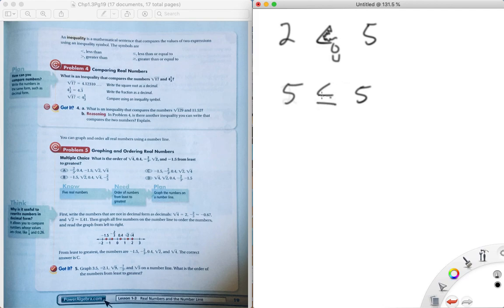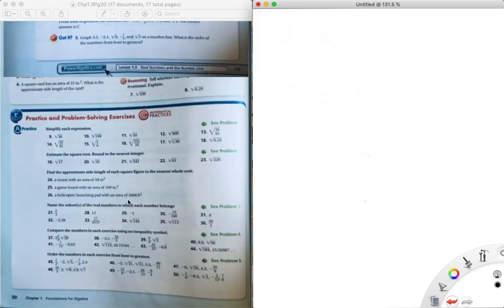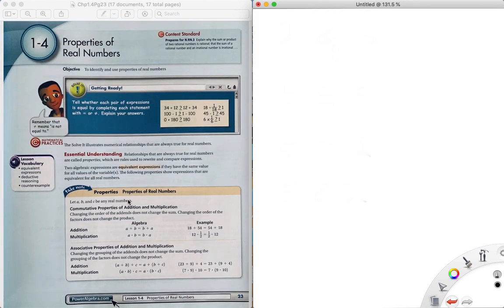This equal sign says that it can be one or the other. We can do it the other way. 5 is greater than 2. We can also say that 5 is greater than or equal to 2. They all mean the same thing. Like I said in the previous lecture, I'm not going to ask you to do any number line stuff on the test. All right, properties of numbers.